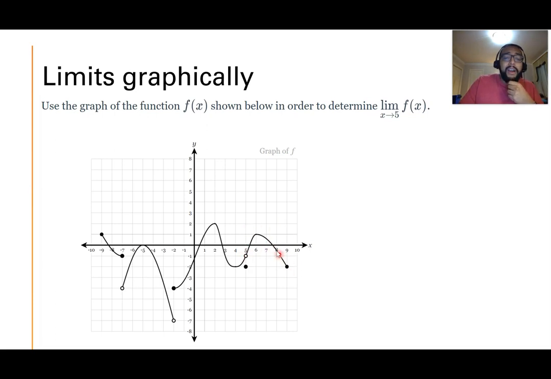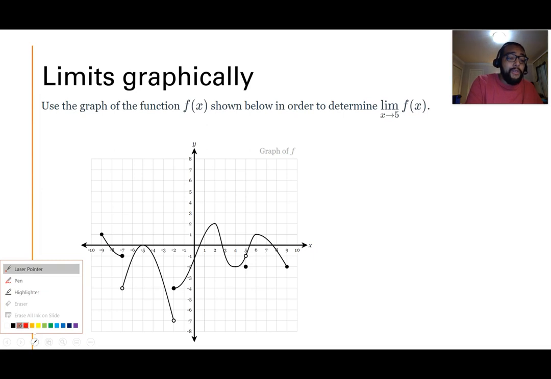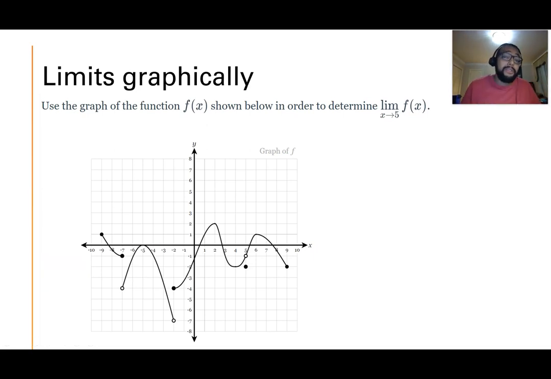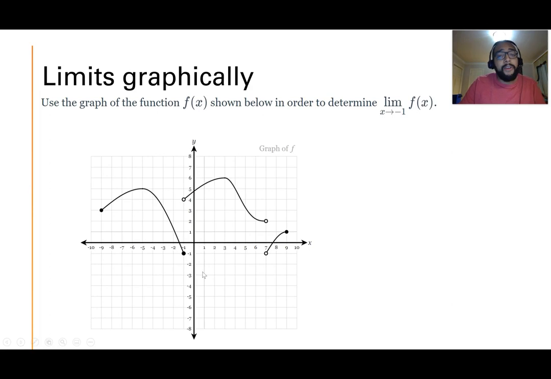As these values start to approach 5, we're approaching negative 1 as well, which is great news because our left-hand side and our right-hand side are equal to each other, which leads us to say that this limit is equal to negative 1. Again, if our left-hand side and right-hand side are not equal to each other, then that's a problem.